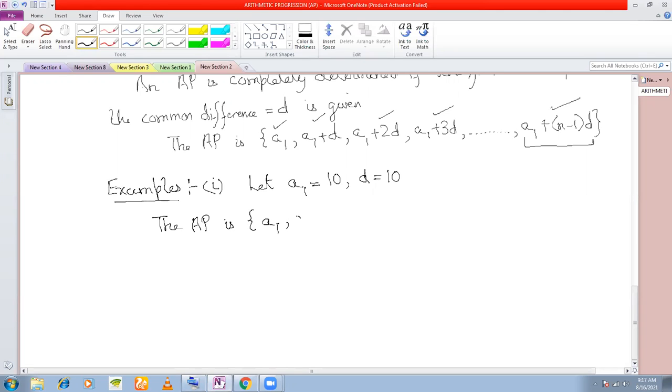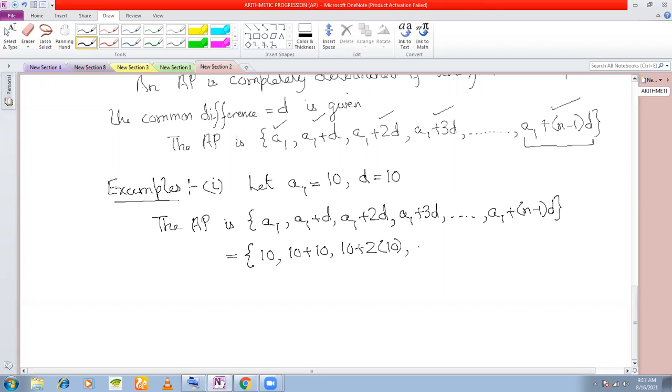You know the AP is A1, A1 plus D, A1 plus 2D, A1 plus 3D, and so on up till A1 plus n minus 1 into D. Write this. A1 is given to be 10. A1 plus D is 10 plus 10. A1 plus 2D is 10 plus 2 into 10. A1 plus 3D is 10 plus 3 into 10.